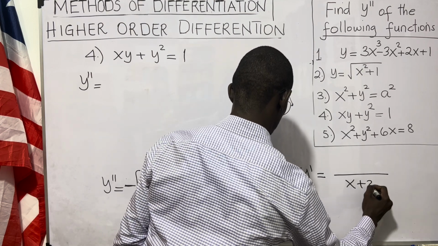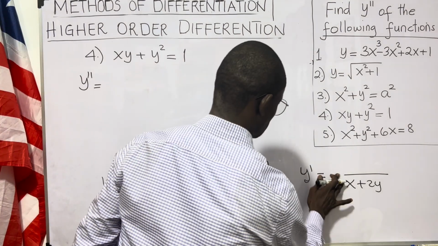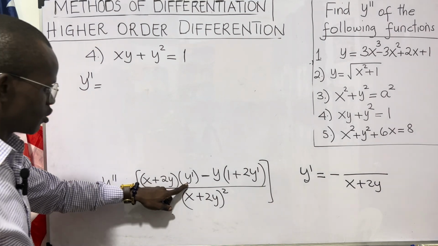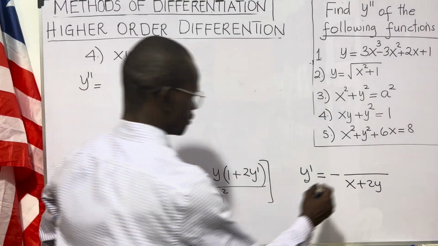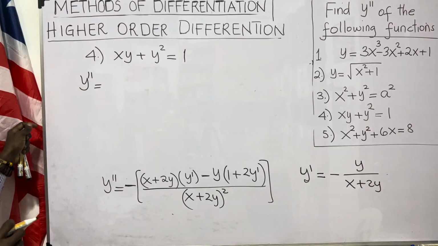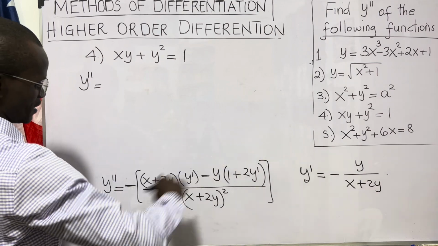x plus 2y in the denominator, right? And then here was negative, because we held the denominator and differentiated y, we got y prime. So the numerator was just y. Okay, that was y prime. Whenever we see y prime, we must replace it by that expression.